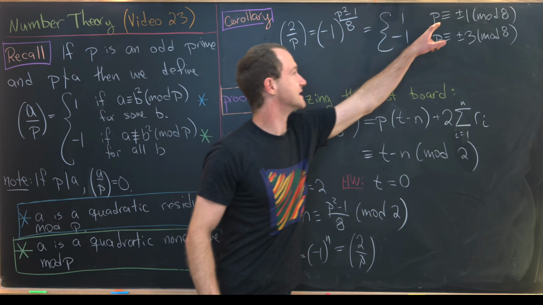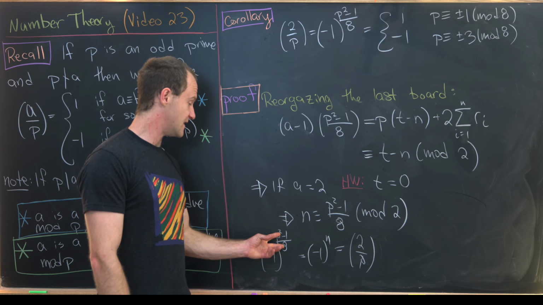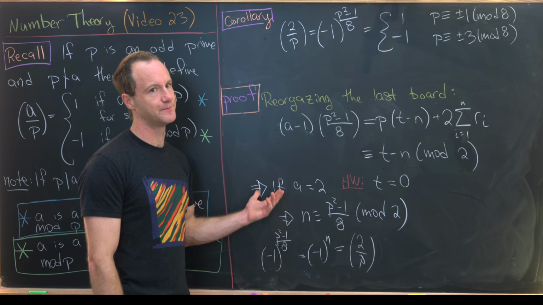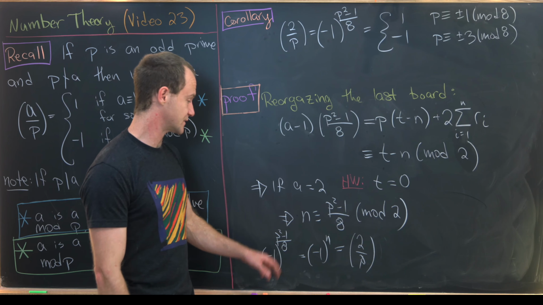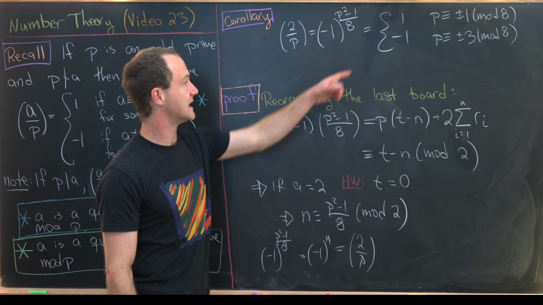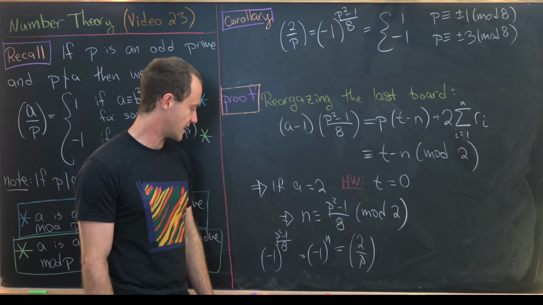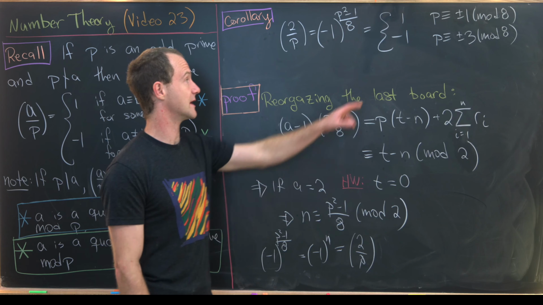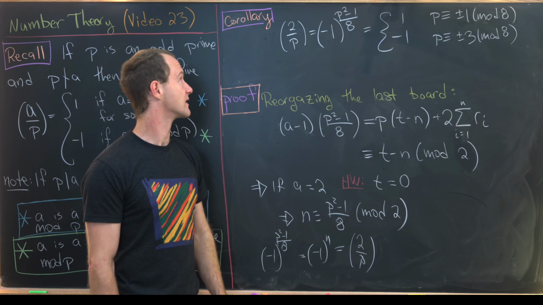Well, if p is plus or minus 1 mod 8, then this exponent here is even. That's easy to check with basic arithmetic. And thus you'll get -1 to an even power, which is 1. And if p is plus or minus 3 mod 8, then this exponent is odd, and you'll get -1. Again, that's just easy to check by arithmetic.